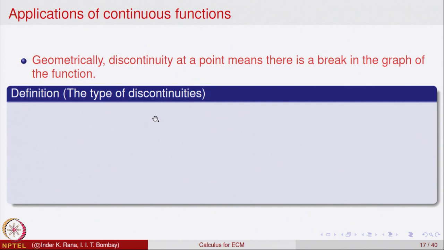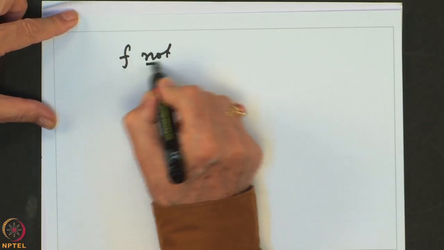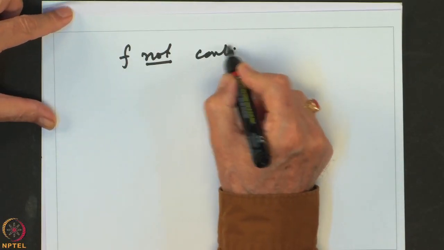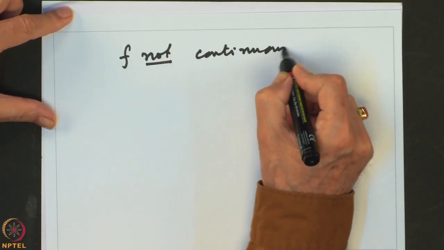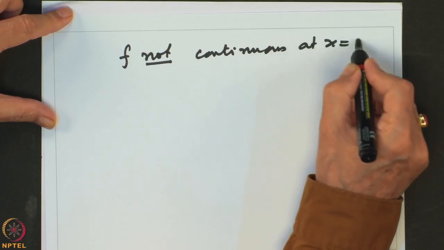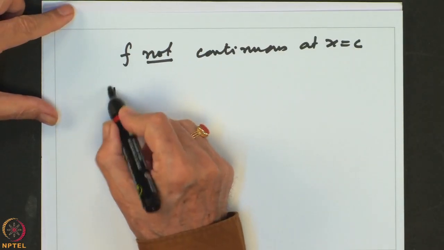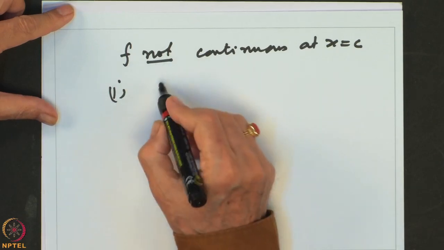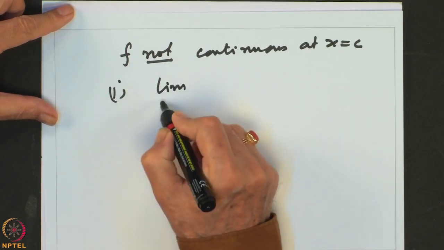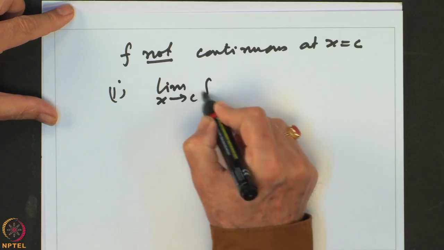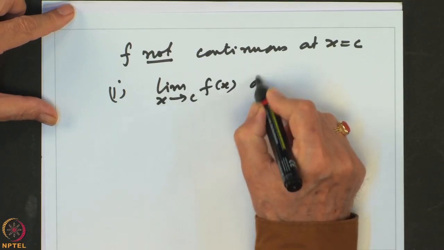When you say a function is not continuous at a point x equal to c, what does that mean? One possibility is that the limit as x goes to c of f of x does not exist.